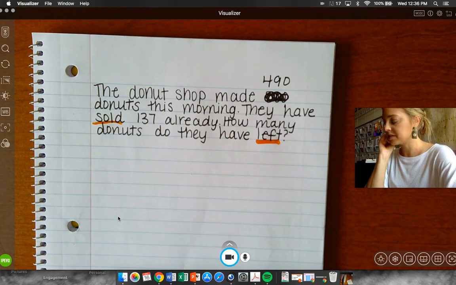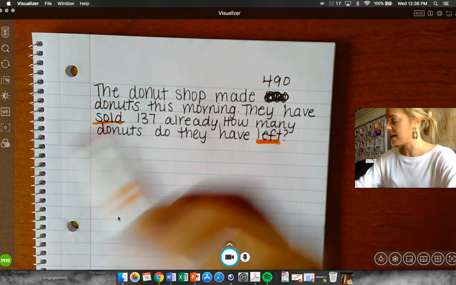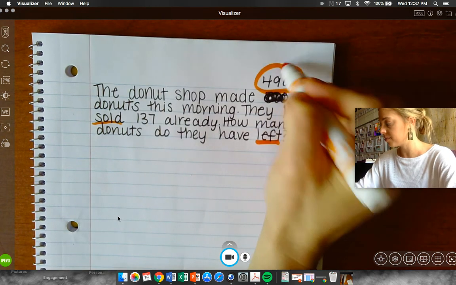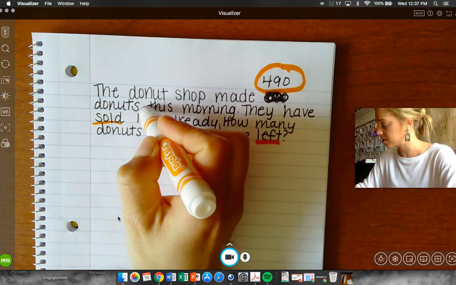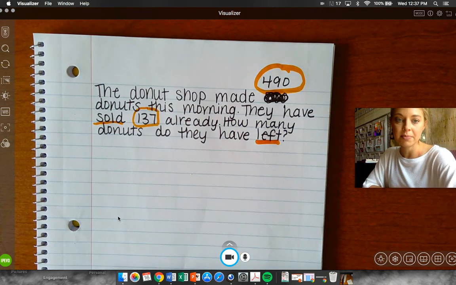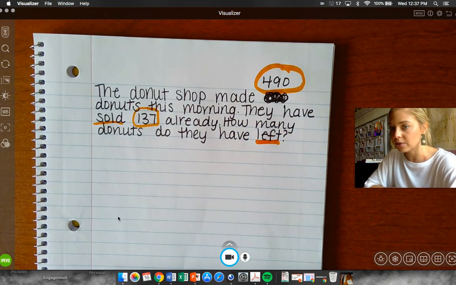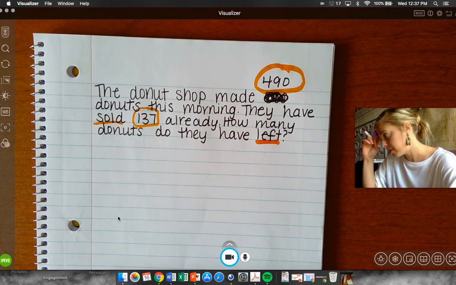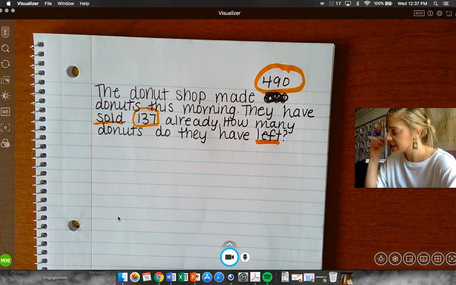Okay, so now I have to circle my important numbers. Well, I think 490 is very important in this problem, and so is 137 because those are the numbers that tell me about the donuts and how many they sold so far. Now, we already talked about how many left means that you're going to have to probably subtract. So I'm going to subtract in this problem.